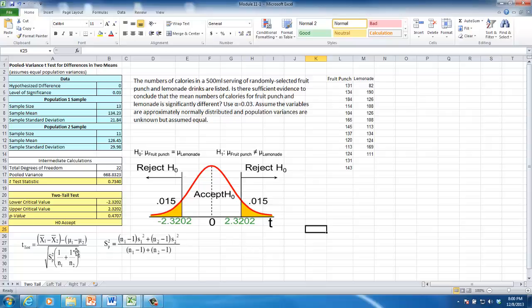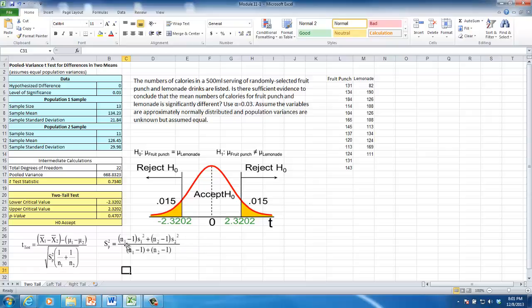The way we find the t-value is from this formula: X1 bar minus X2 bar, the sample means for sample 1 and sample 2, and mu1 minus mu2, which most of the time is 0.